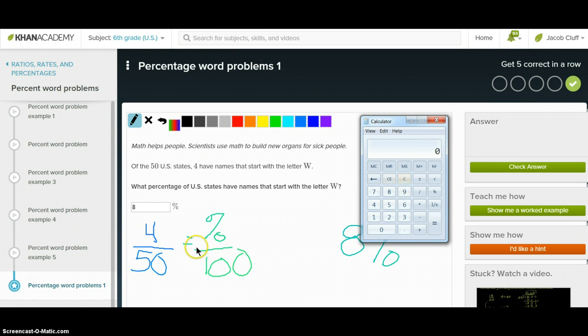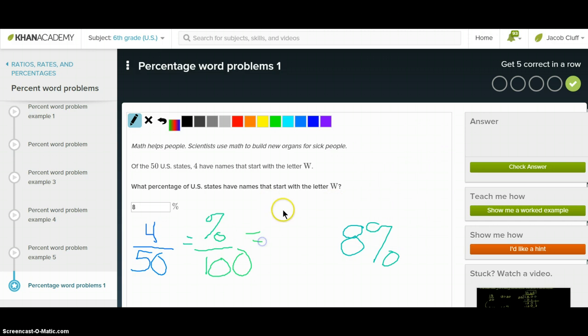Alright, I must have typed something in wrong. So 4 times 100 is 400. I think I accidentally pressed the divide, that's why. So 4 times 100 is 400 divided by 50 equals 8. So this would give us 8%, just the same.